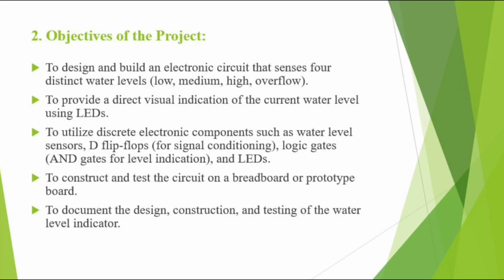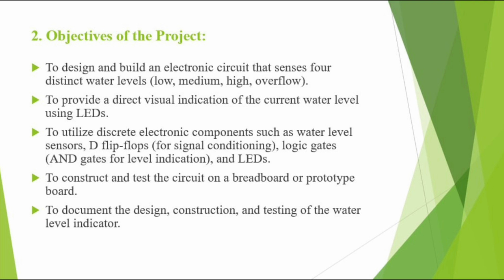Now I am going to talk about the objectives of the project. The primary objective of this mini project is to design and build an electronic circuit that senses distinct water levels, low, medium, high, overflow. Secondly, to provide a direct visual indication of the current water level using LED.